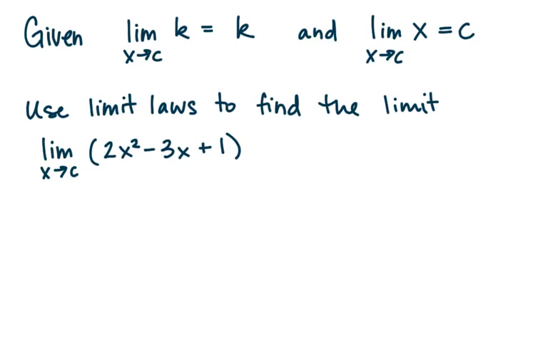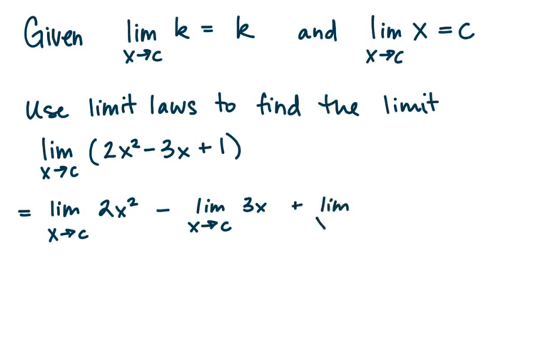So looking at some of our rules, we're going to write this out. We know the limit of a sum is the sum of the limits. So this represents the same as the limit as x approaches c of 2x squared minus the limit as x approaches c of 3x plus the limit as x approaches c of 1. So I was able to spread that out and say the limit of each term.